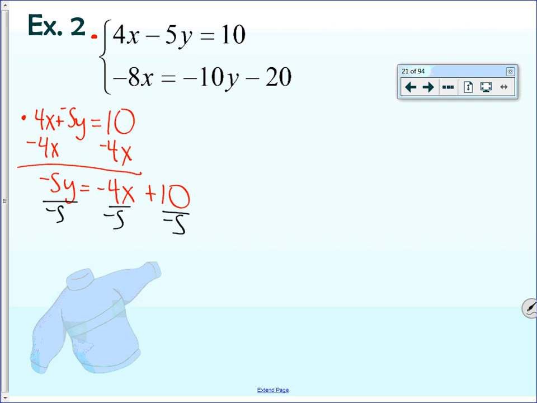So then you'll get y equals 4/5 x plus negative 2. And the only edit I made there is because it's a negative over a negative, you make that a positive for this. Right? All right, Isaac?